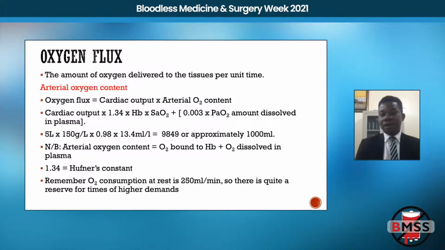If we look at the arterial oxygen content, which we've already calculated, and incorporate it together with the cardiac output of the patient, let's assume the patient has a cardiac output of 5 liters. If we multiply the 200 ml by 5 liters, it will give us 1,000 ml of oxygen.